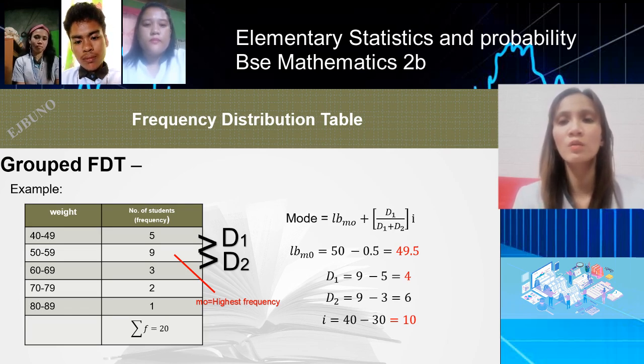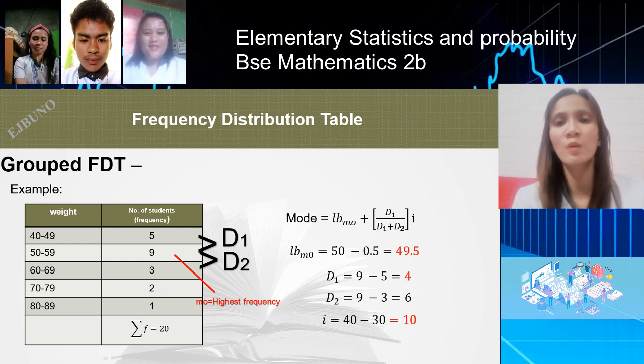Now we proceed to the mode. Mode is equal to the lower boundary of the modal class plus the quantity of d sub 1 divided by d sub 1 plus d sub 2, times the class width. As you can see in the table, d sub 1 is the highest frequency minus the frequency of the lower class, and d sub 2 is the highest frequency minus the frequency of the next upper class.